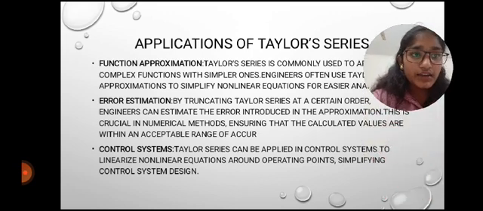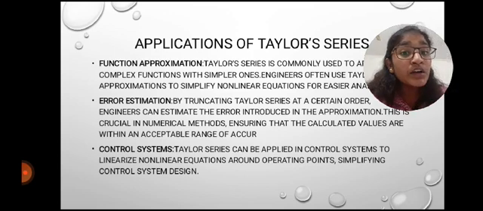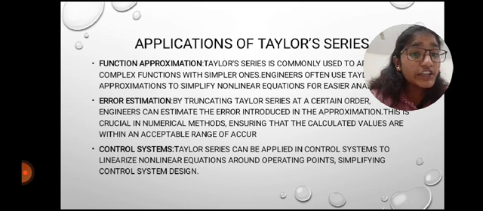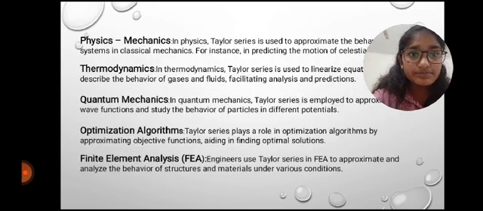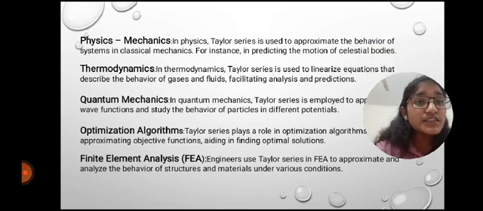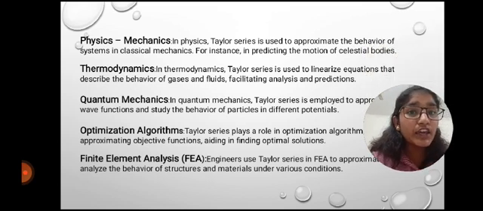Control systems: it is used in control systems too. The Taylor series can be applied in a control system to linearize non-linear equations around the operating points, simplifying control system design. Next, physics and mechanics. In physics, the Taylor series is used to approximate the behavior of a system.